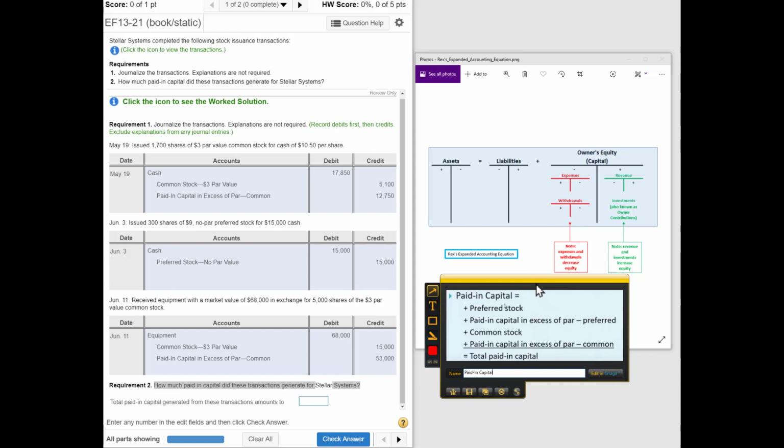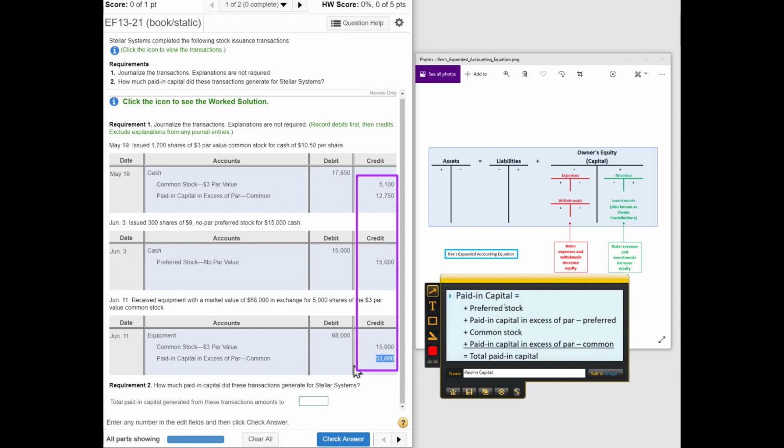So to find these amounts, we're just going to go back up here to the top, and here we've got common stock 5,100, and we're going to add to that paid in capital in excess of par in the common. We've got the preferred stock. We've got the common stock, $3 par value, and then the paid in capital in excess of par on the common stock.